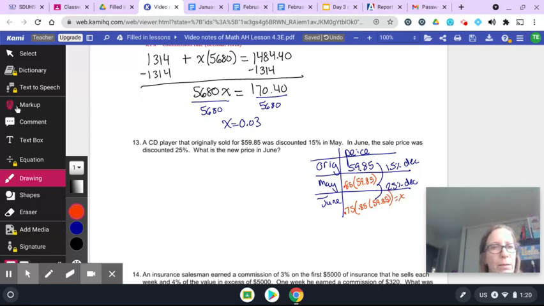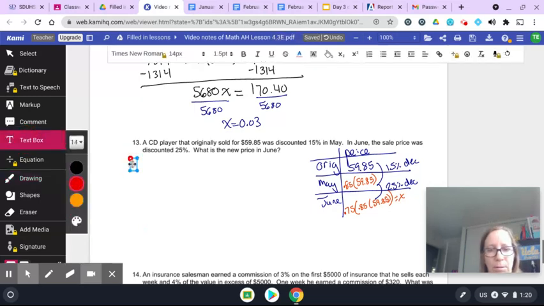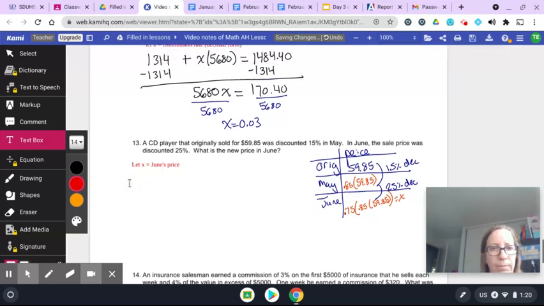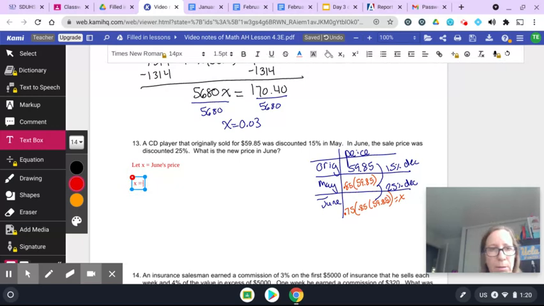Okay. So let X equal June's price. My equation, because I don't grade over there, I don't look at your organization. X is equal to 75% of 85% of $59.85. Okay. So I'm first going to go my 75% times my 85%.